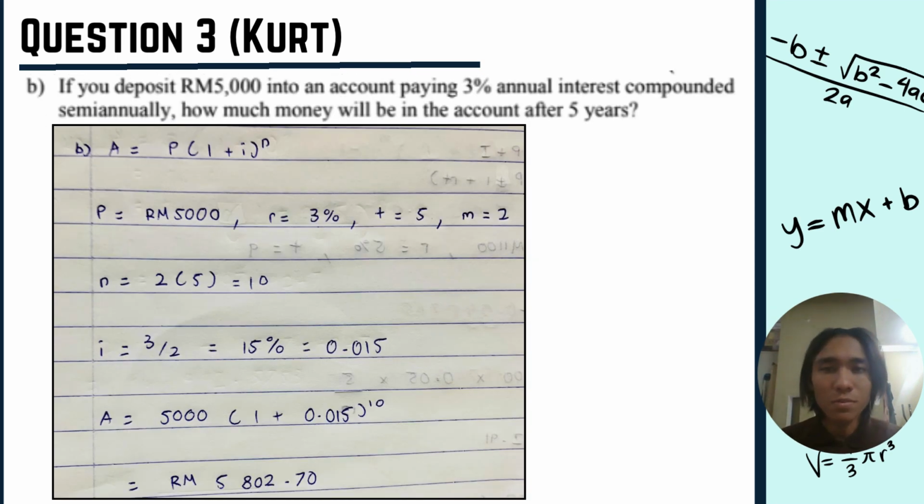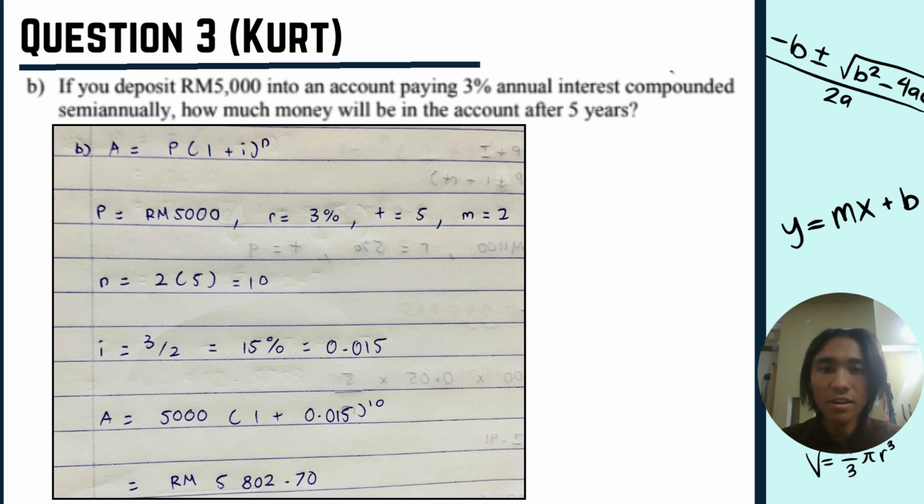Okay, for question B, to get the total money that will be in the account after 5 years, first we solve it by using this formula, which is A equals P multiplied by 1 plus i to the power n. So the P is 5,000 ringgit, the R is 3%, the T is 5 years, and m is 2 because the interest is compounded semi-annually. To get n, I multiply 2 by 5, which gives 10.